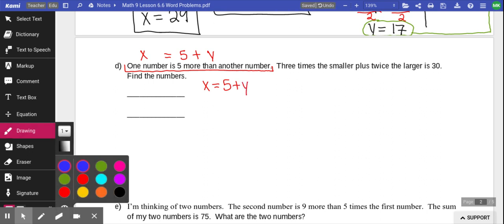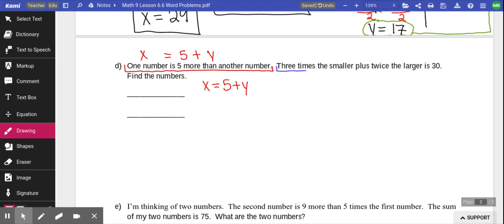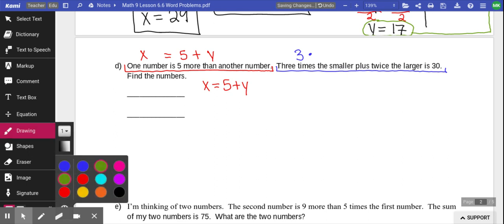If I read the second equation, 3 times the smaller plus twice the larger is 30. Wait, 3 times. I know how to do that. The smaller number, though, is tricky. So we have to ask ourselves which one of these values is smaller, x or y.